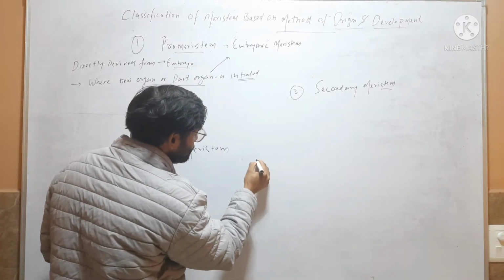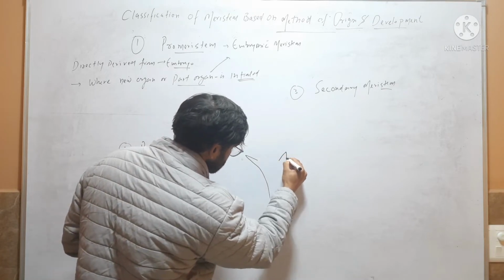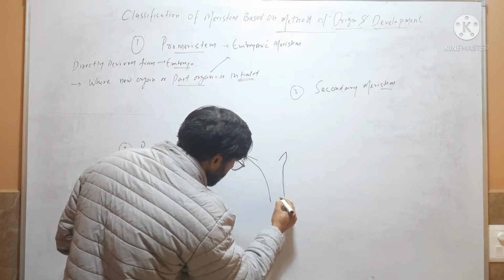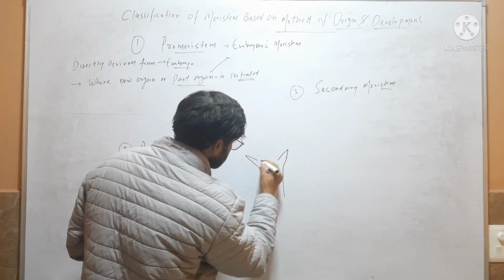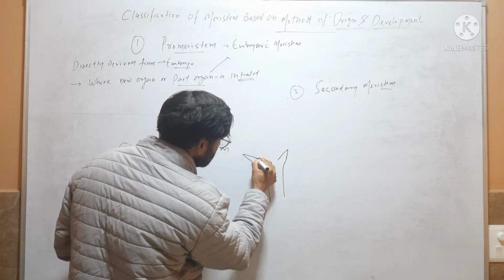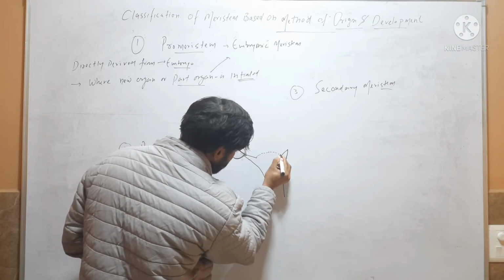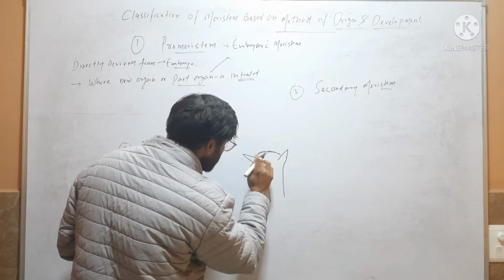For example, this is apical part of stem, and at the tip of this apical portion of the stem there is a group of cells.